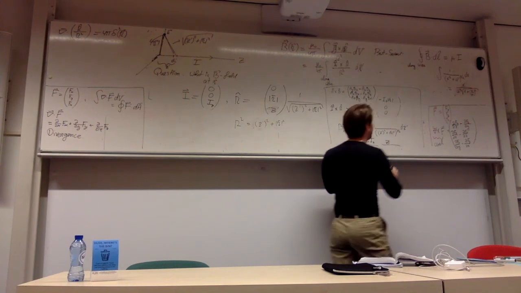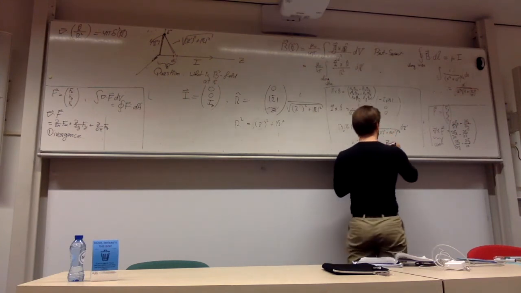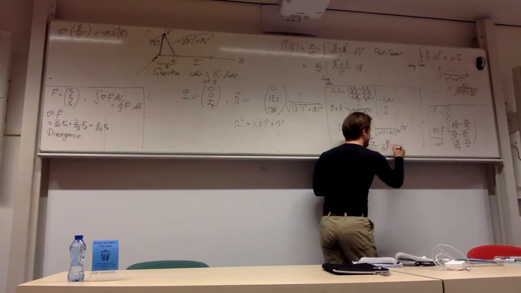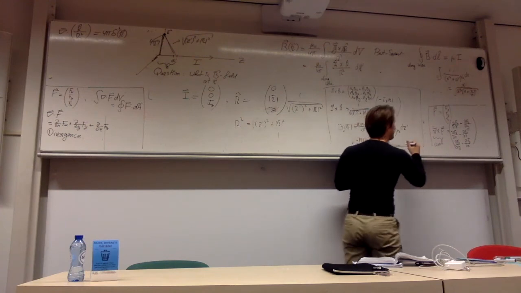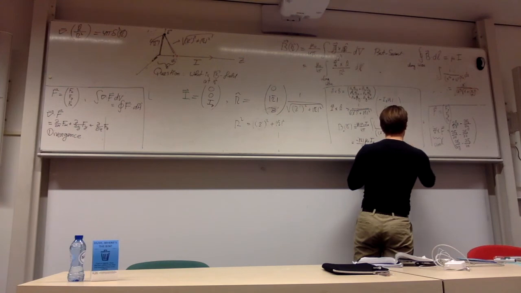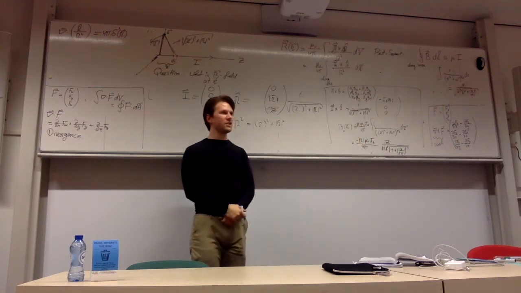I just renamed everything, and our a is what we called r here. I'm really not doing anything difficult here. Okay, there we go. This is what the integration gives us.